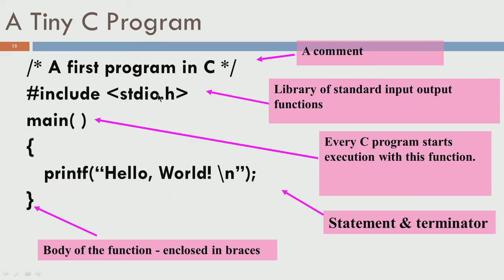And let us look at the next line, it says hash include, it means include something which is already built. I mentioned earlier that C has several library calls that you can make, and stdio.h is one such library with which you can do standard input and output. So, if I want to type something on a keyboard and if I want to see something on a screen, that is what you get from stdio.h.